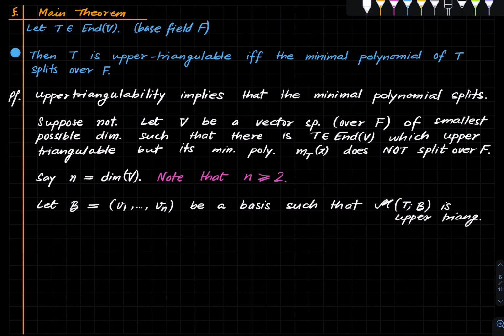All right, so let W be equal to the span of v1. So therefore, T v1 is equal to lambda 1 v1.